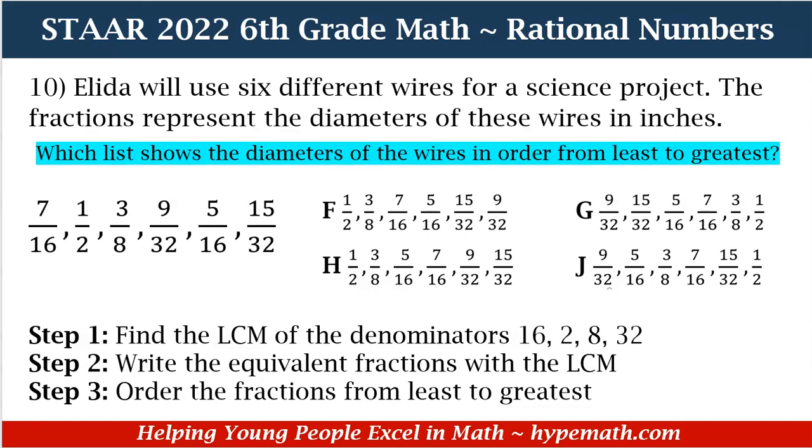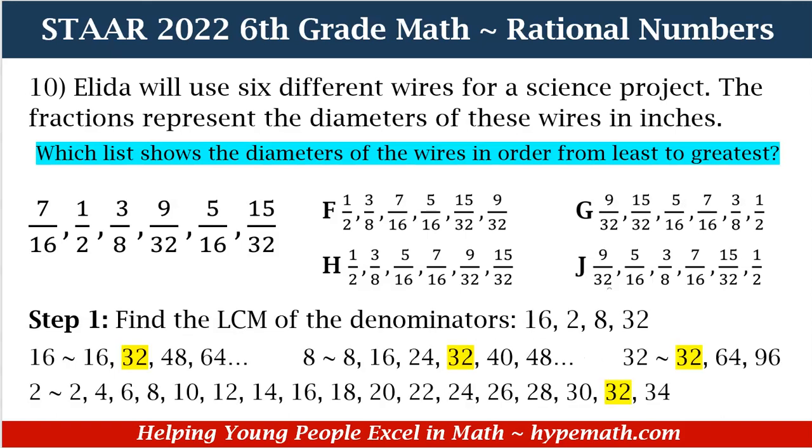Step 1, we're going to find the LCM of the denominators 16, 2, 8, and 32. Step 2, we are going to write the equivalent fractions with the LCM. Step 3, we're going to order the fractions from least to greatest. So let's dive in using step 1.